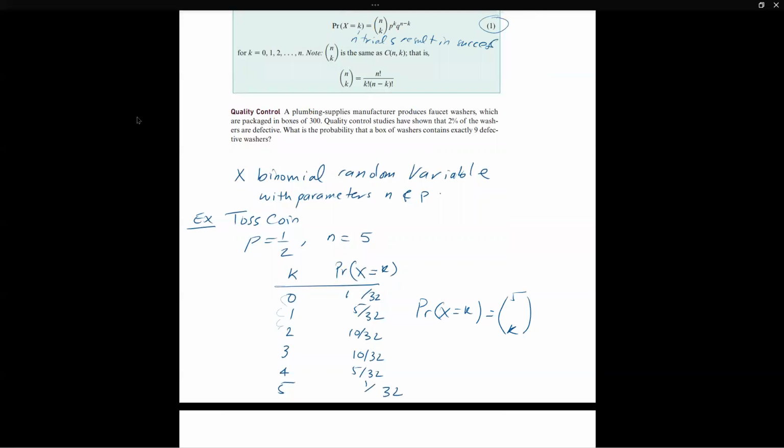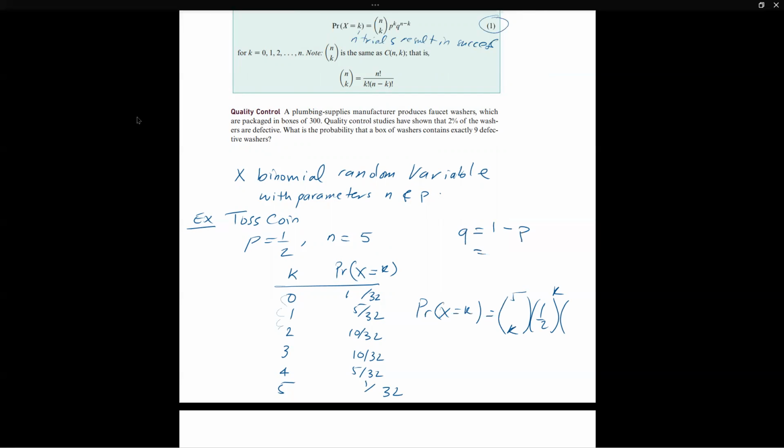Then we have p to be 1/2, let's just put it in parentheses, to the k. And q, so how are we going to find q?